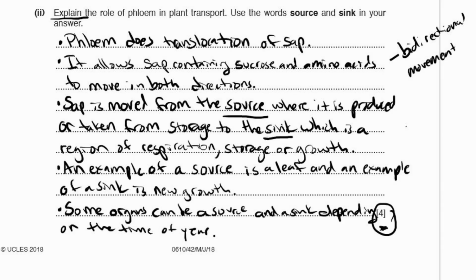You don't want them to hunt for your marks. If you do need to continue on to another page, don't just draw an asterisk or maybe an arrow. Say, continued on page 3, or whatever the page is, whatever the blank page is. And you can draw an asterisk or arrow if you want after that, but make sure you write the page number. You make it easy for the examiner to find your marks.